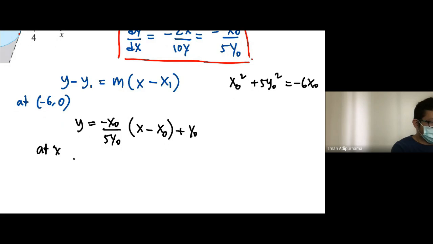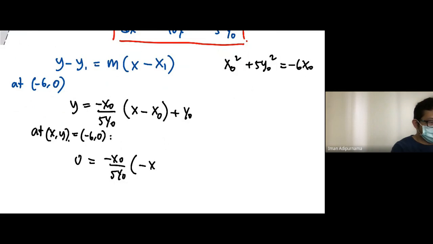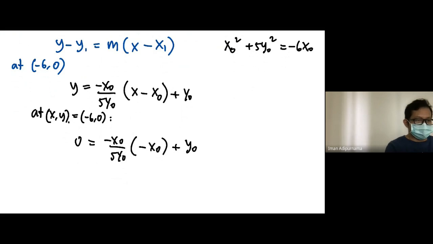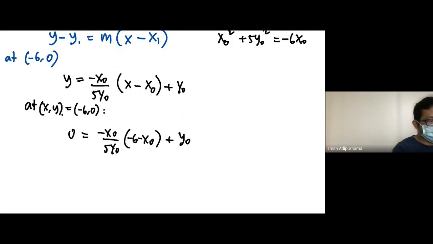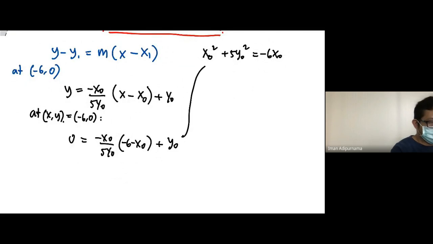At X, I think this is better. 0. Six, negative 6. Negative 6, negative. I think this is better. And then compute.